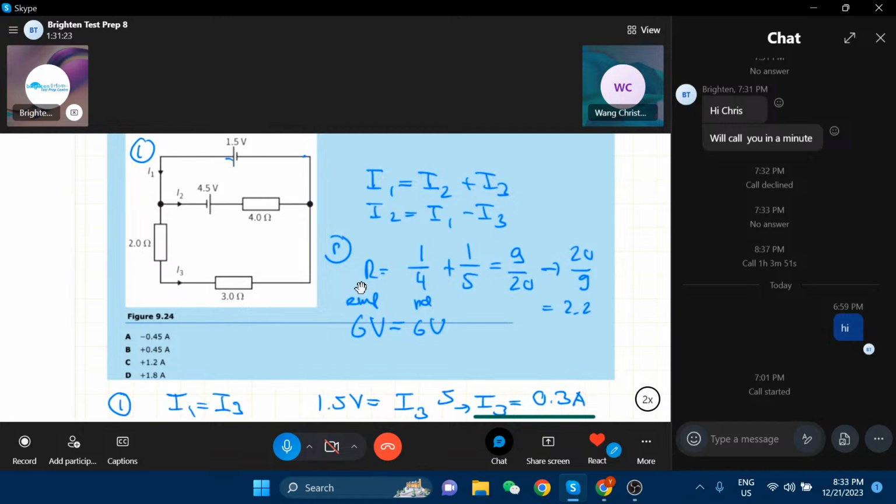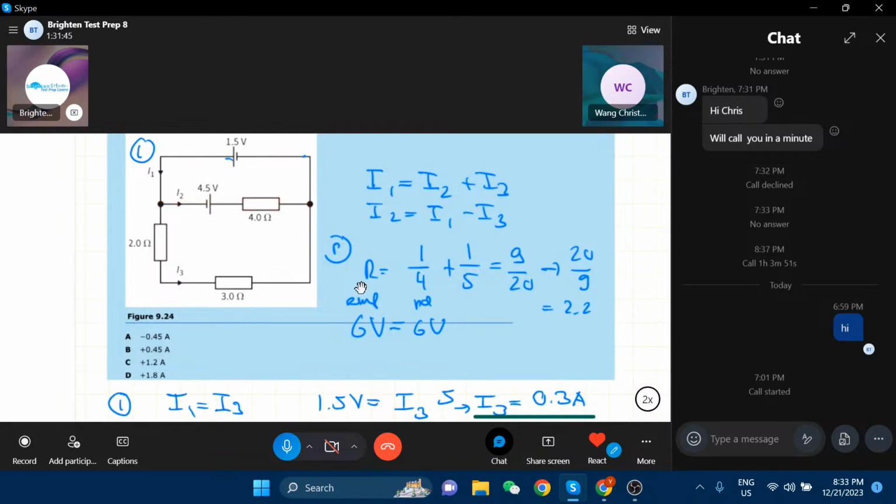But we said I1 is equal to I3, right? Remember? But if we ignore I2, then, if we don't, okay. I mean, now we have to do I2, right?